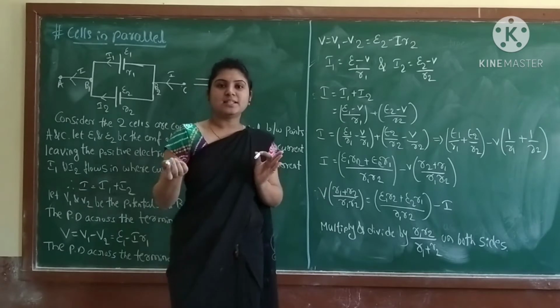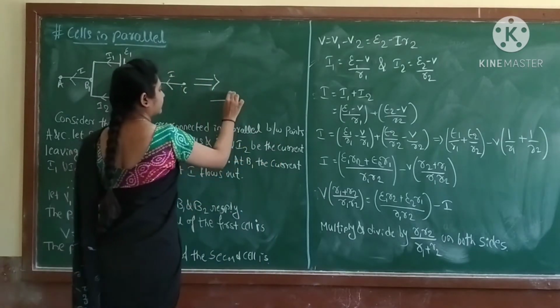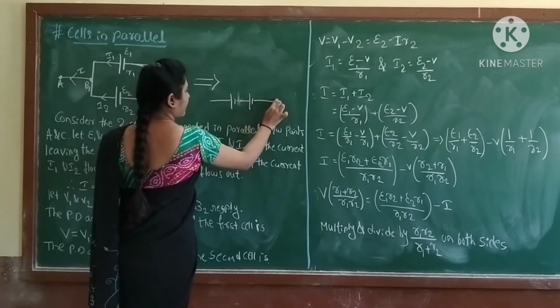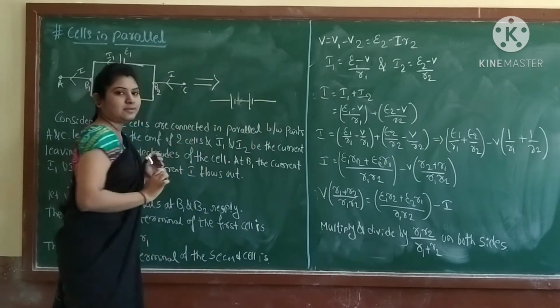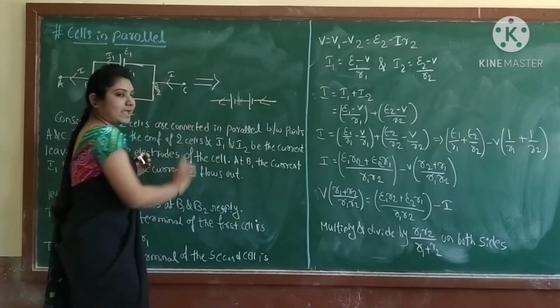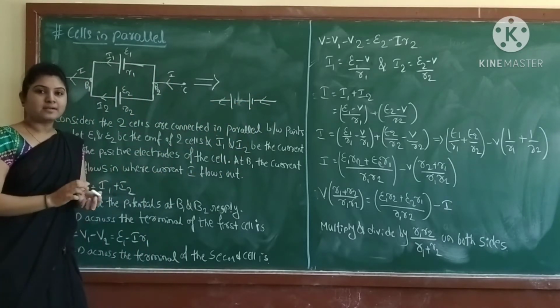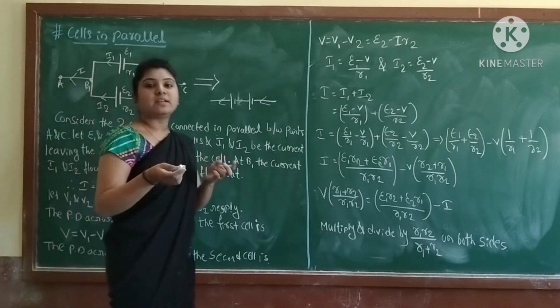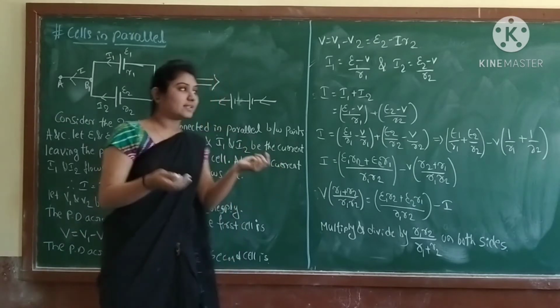See, in the previous case we took it like this. The path of the current is one. In this direction only the current is flowing. But now, in the parallel combination, the path of the current splits like this.